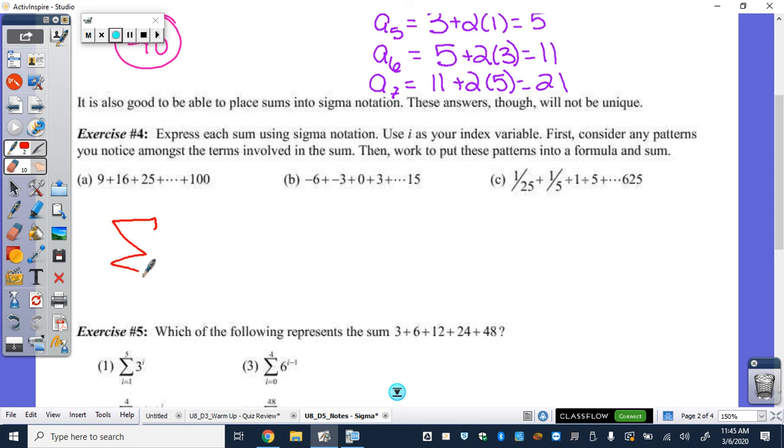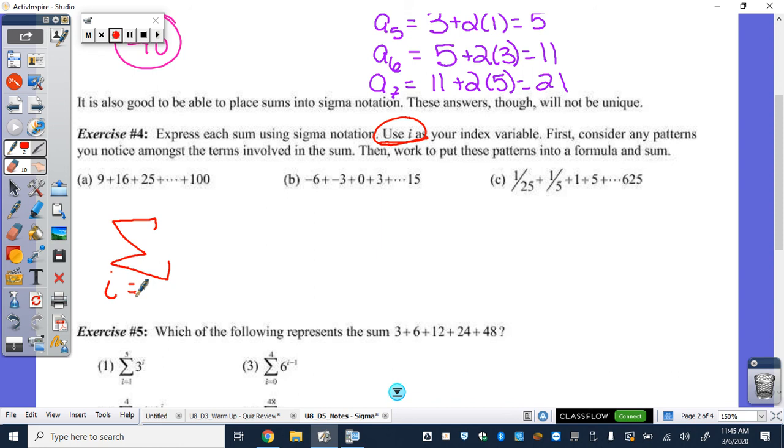So looking at letter A, I'm going to draw on my little sigma. You can use any letter you want normally, but this time they told us to use i. I'm going to go ahead and use i as my variable here. So let's take a look at our series that we have. I have 9, 16, 25.